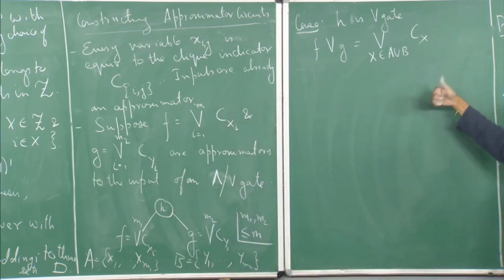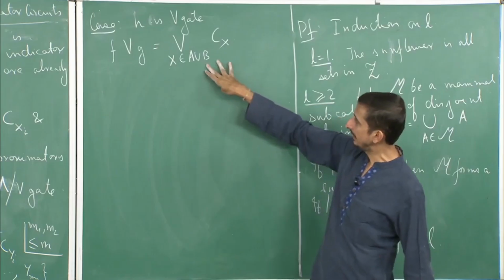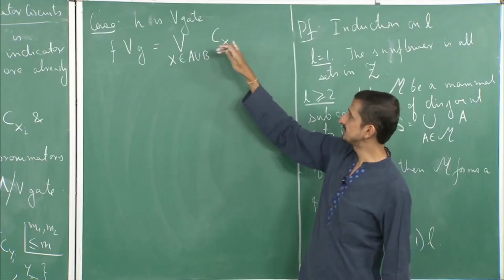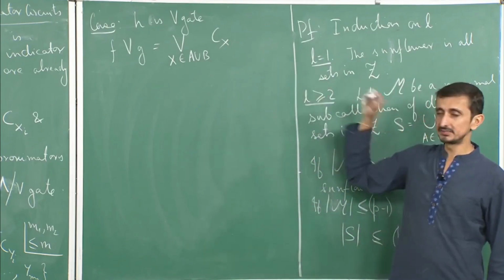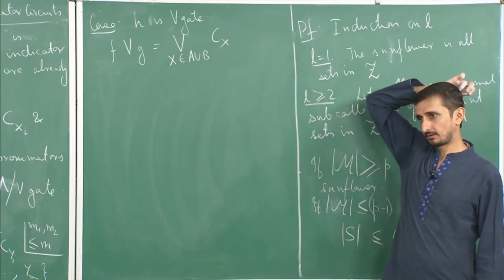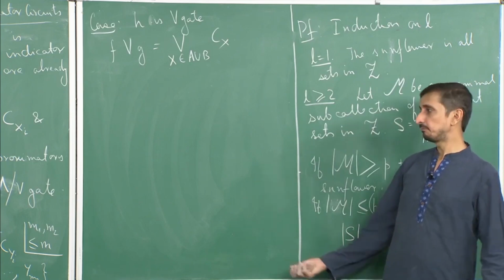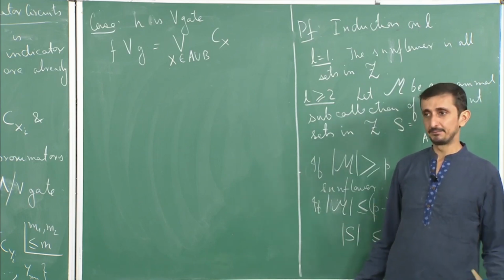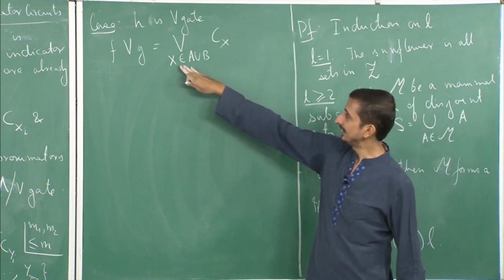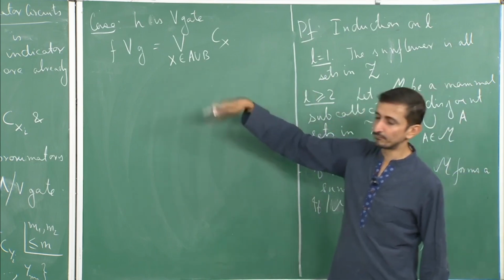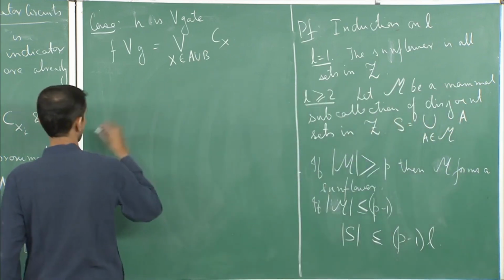That is exactly what I have written here: look at a set from A union B, and if C of x is equal to 1, then this would evaluate to 1. But what is the problem with this definition? A union B potentially might have size greater than m. The definition of approximator says that this x has to come from a collection of sets of size at most m. So this actually doesn't work.